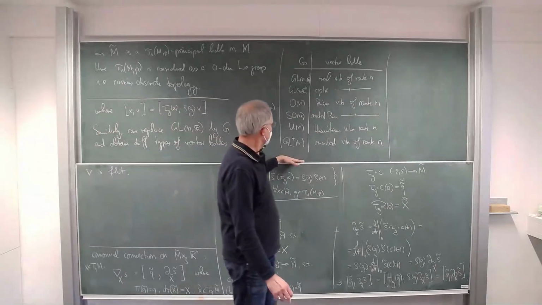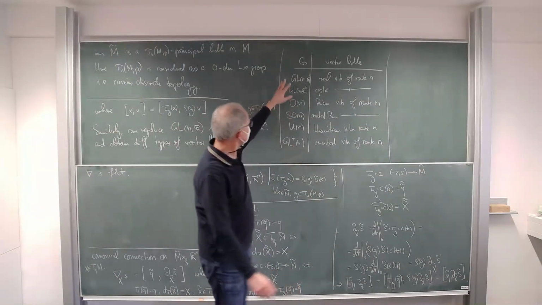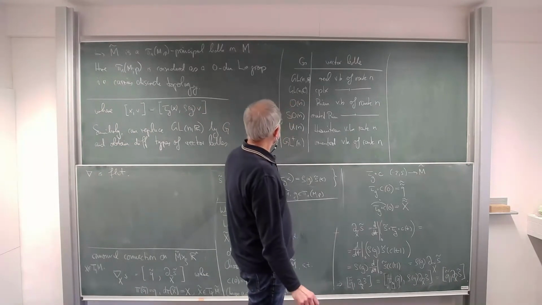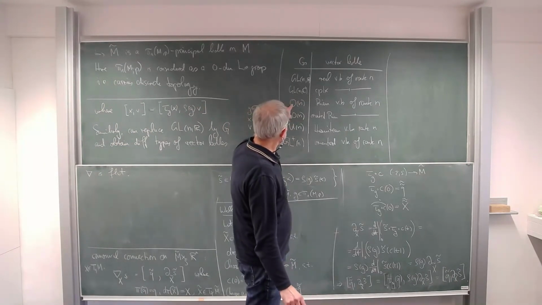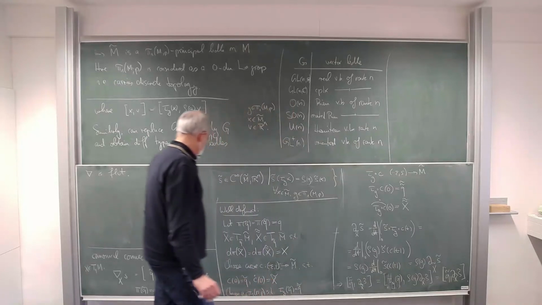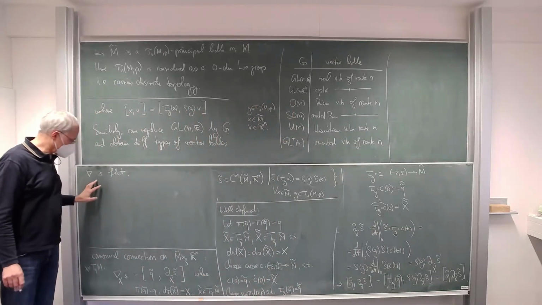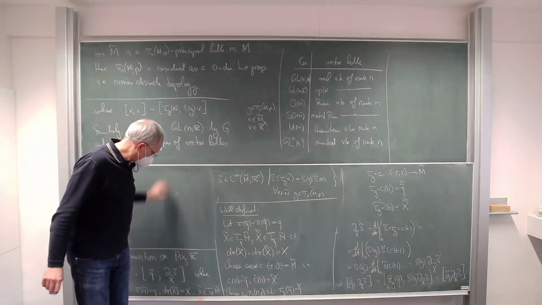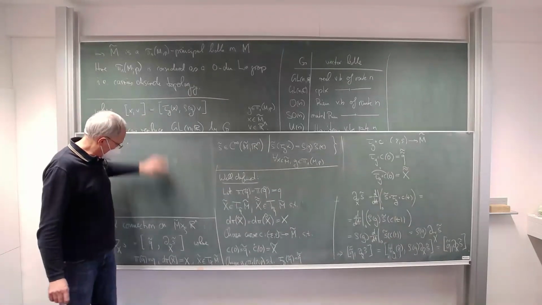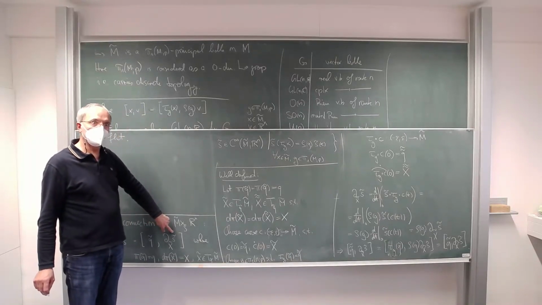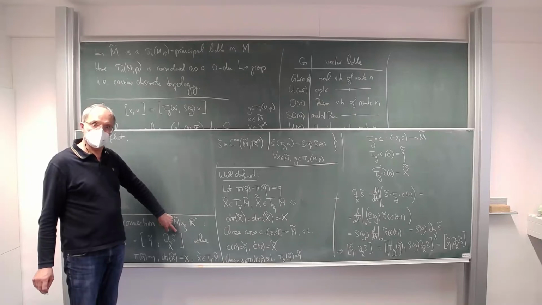This works also with the connection being automatically compatible, indeed. And so if this is the group, right, that's what you're asking, then the connection that you construct is always compatible with the structure. Because locally this is given as the usual derivative in Rn with respect to the standard scalar product, and the usual derivative is metric.